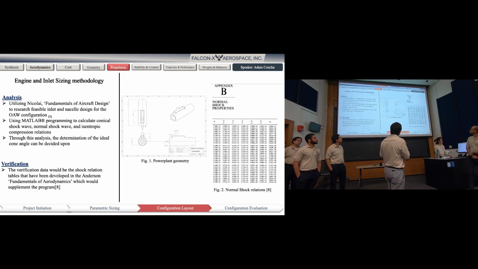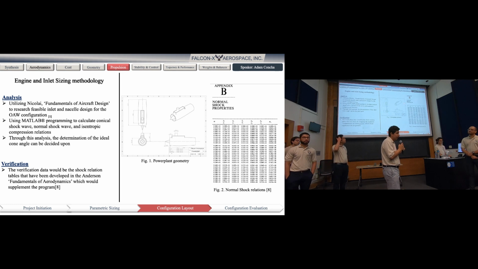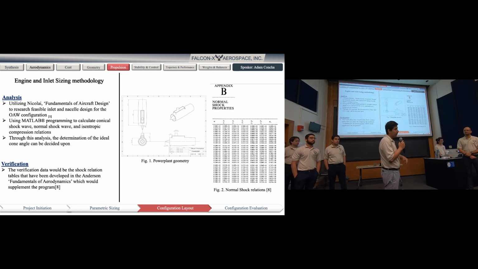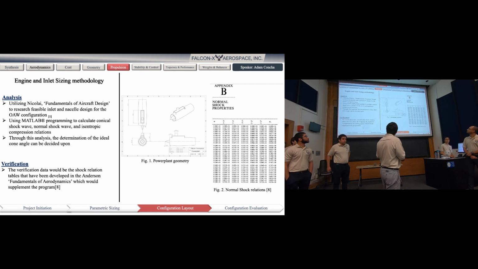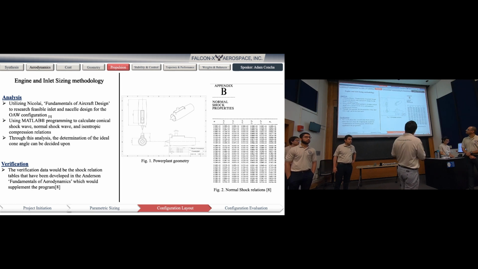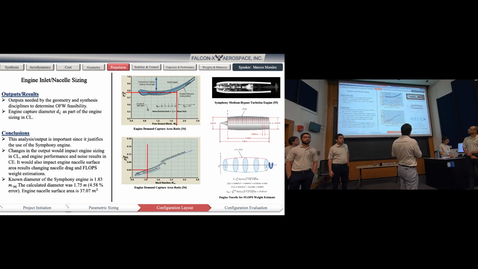We do that by doing the MATLAB program where we calculated the shock relations from the conical spike to the normal shock that propagates and so on. And so we developed the conical spike angle here, where the verification would come from the Anderson book for shock relations. Next slide. And so our result will be shown here by Andy.